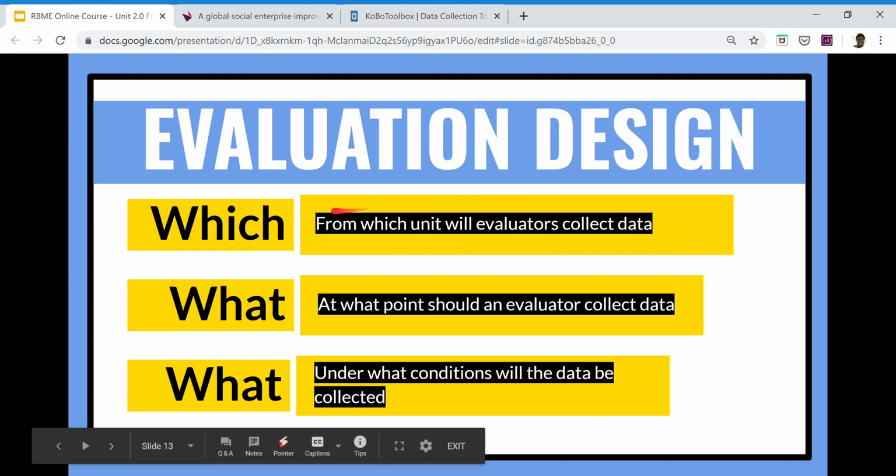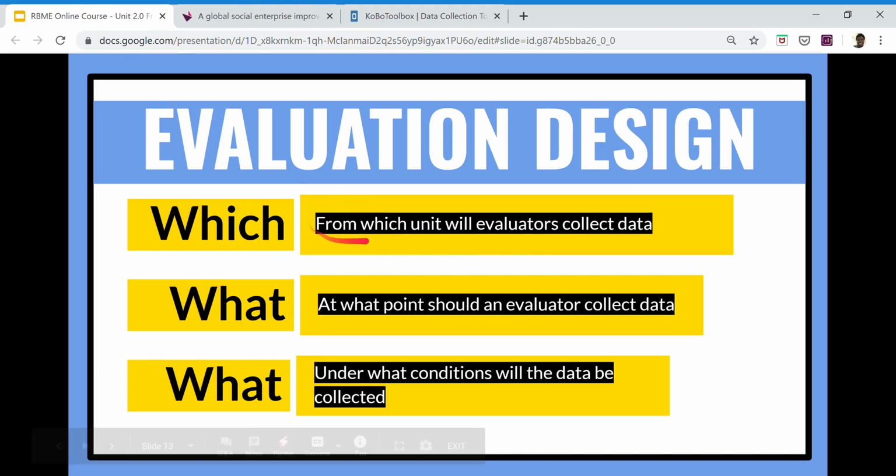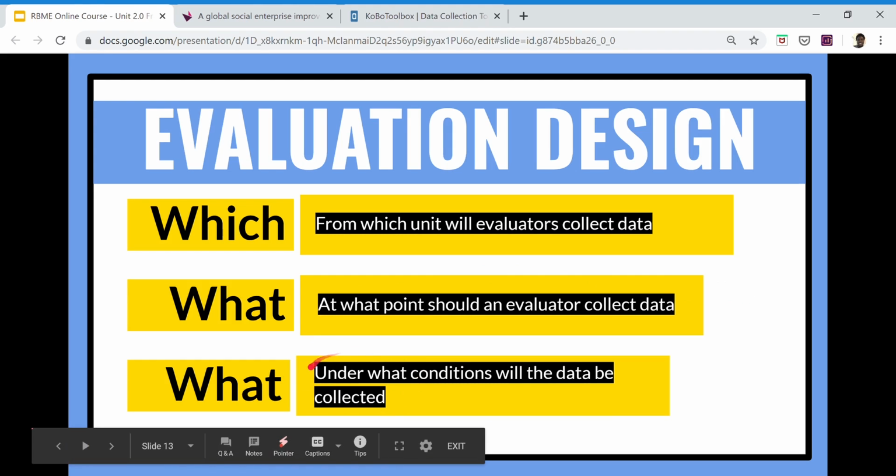So it could collect data either from individuals or at the community level, and that data is collected at the beginning of the program and also at the end of the program itself. So think about a 5 years program. Data will be collected at the beginning and also at the end of it. And there is always a control and a treatment group.